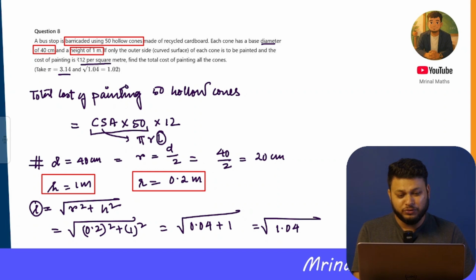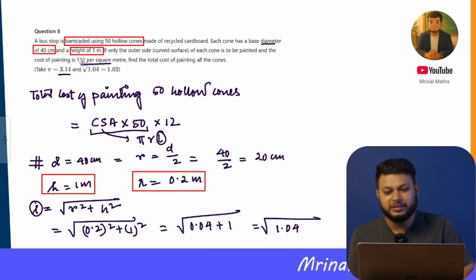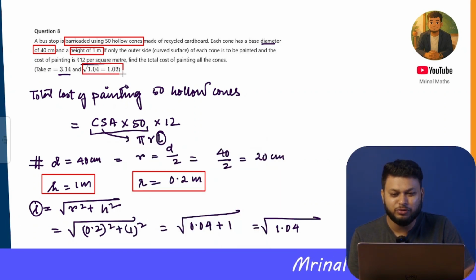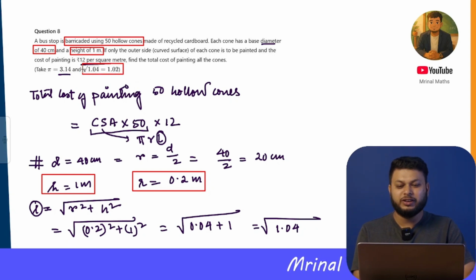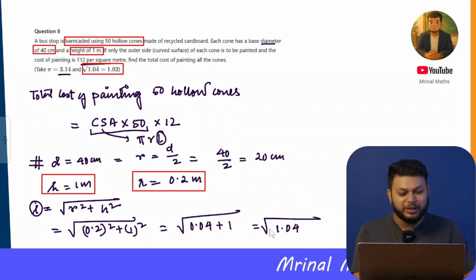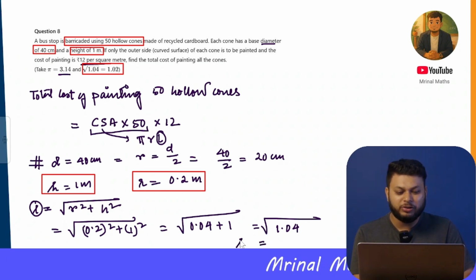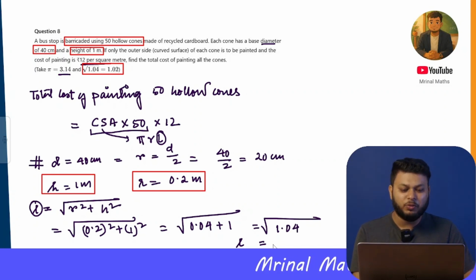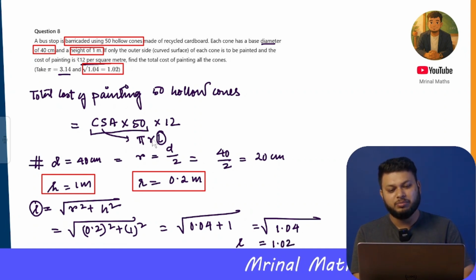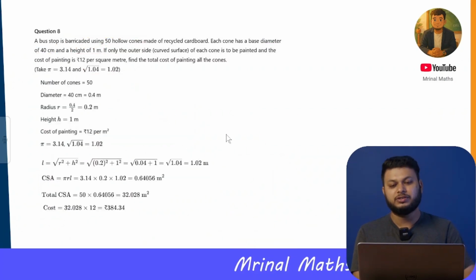Now, if you observe the question carefully, they have already given the value for square root of 1.04. What is the value of square root of 1.04? 1.02. So you need not solve this by using the long division method, because they already gave you the value in the question. Now this value can be used, substituting everything into the formula to get the solution.